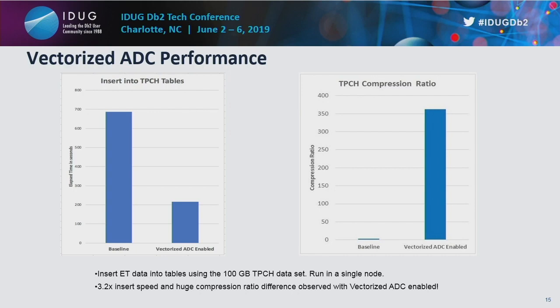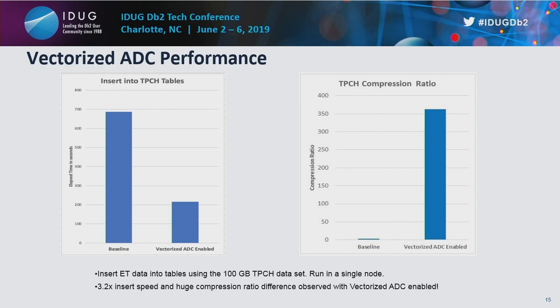On the insert performance side of things, we're getting easily more than 3 times performance speed increase. And the compression ratio you can see on the right is gigantic. So effectively, we go from near 0 compression to a huge compression ratio.